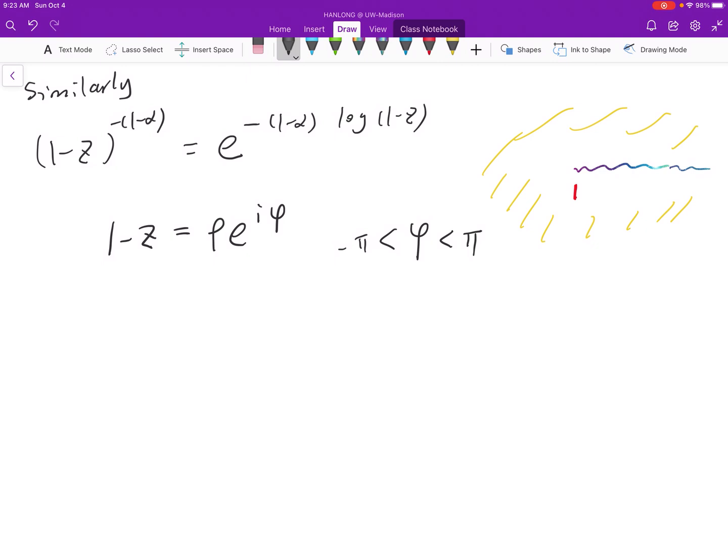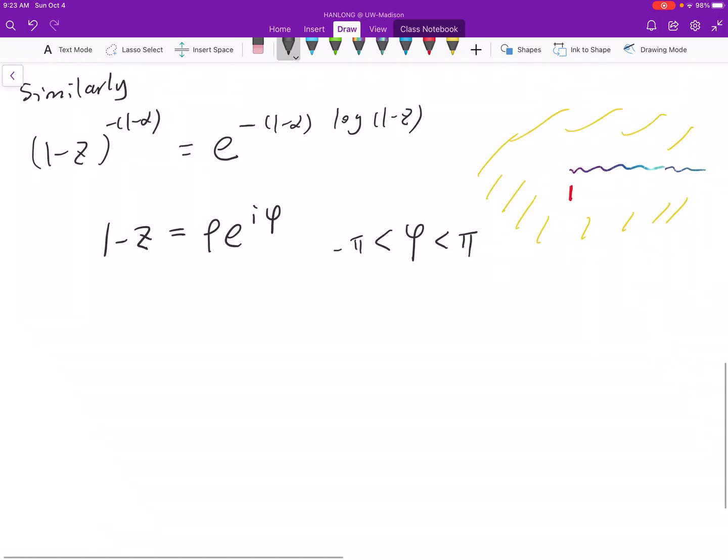Why is this negative pi to pi? Because here you have 1 minus z, so you don't have any real number larger than 1 for z. Therefore 1 minus z cannot be negative, so you can miss the pi or negative pi angle here.